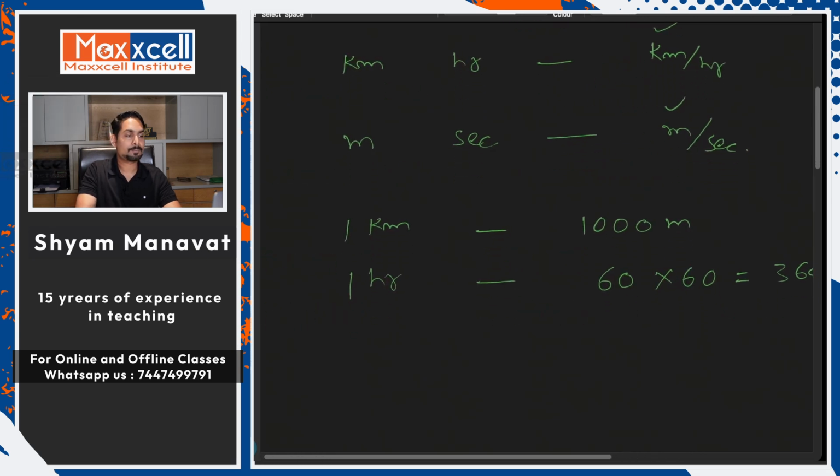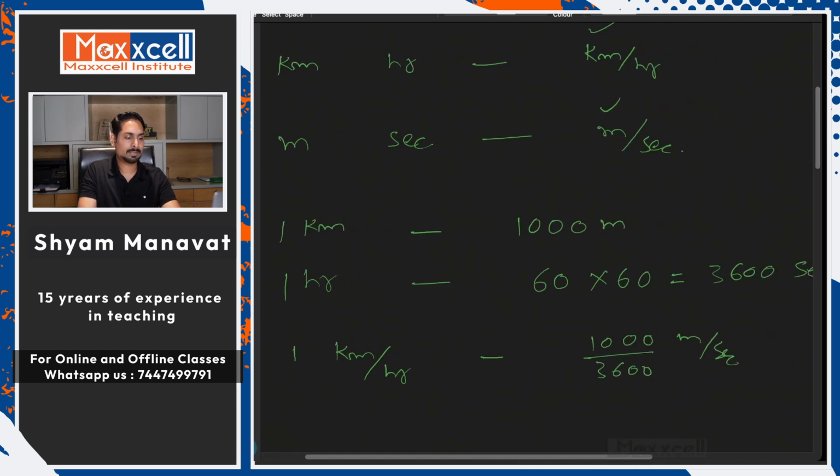So if I say 1 kilometer per hour, that will give us 1000 meter by 3600 seconds, right? If you simplify this, by cancelling zeros and further cancellation, you will get 5 by 18.